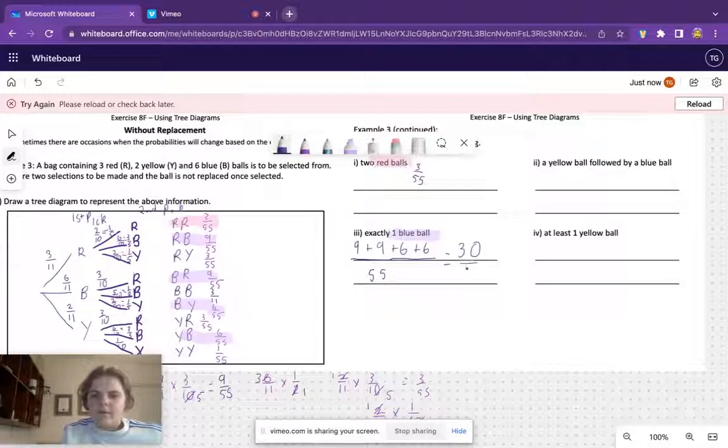So we got 30 out of 55, and we always want to give our answer in its simplest form. I'm noticing both of these can be divided by 5. So 6 out of 11.